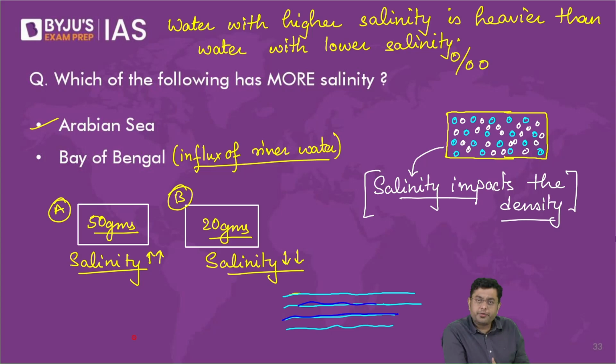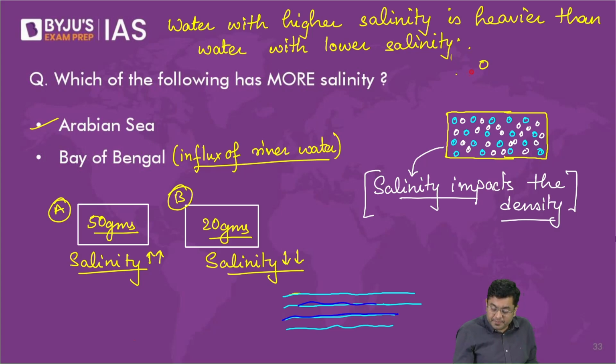right? Why? Because you have water which is provided by the river. That river water is always going to have a lesser amount of salinity. Just like in the case of air masses, we had seen that warm and cold air masses won't give a moderate air mass. As a result, they will have a separation. Similarly, when you have water which is less saline, that will always tend to float over the water which is more saline because of difference in weight.